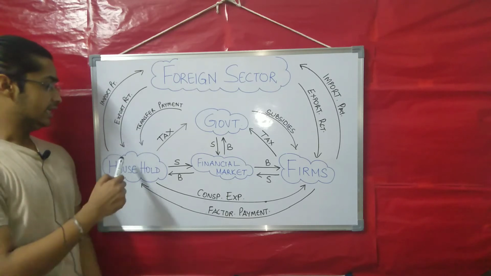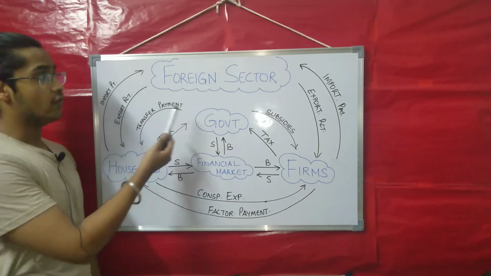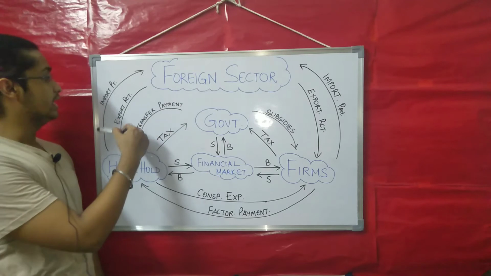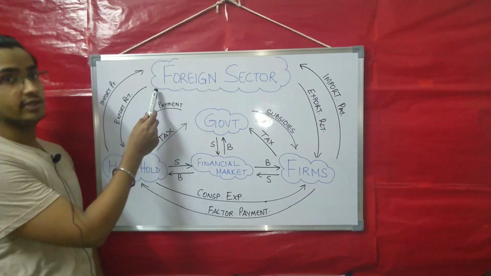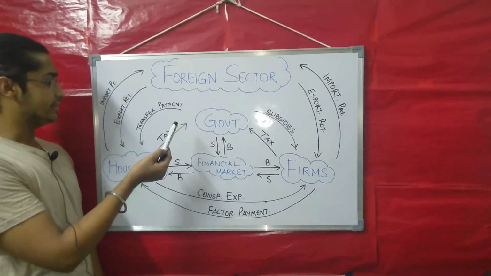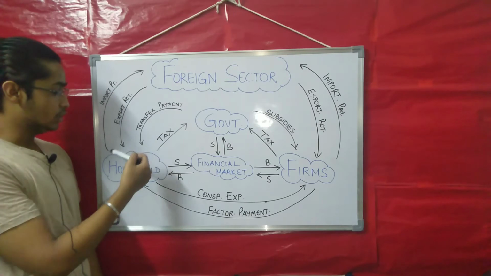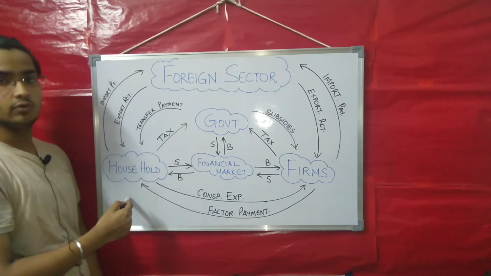Now, the household sector, when it imports from the foreign sector, gives foreign payment to the foreign sector. What? Import payment. Import payment to the foreign sector, and in return the foreign sector provides export receipt to the household when the foreign sector exports goods from the household.